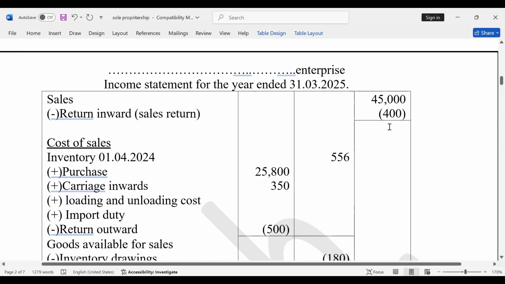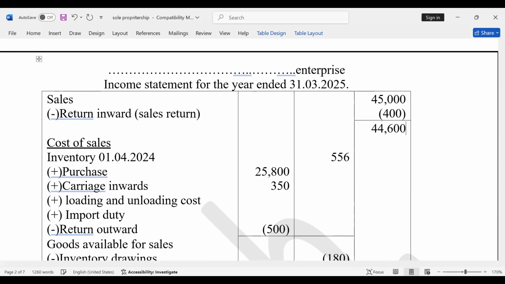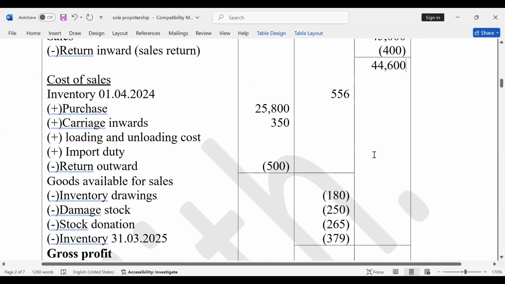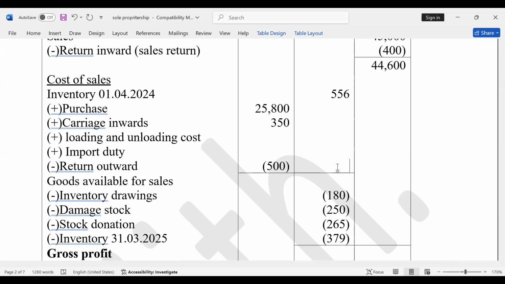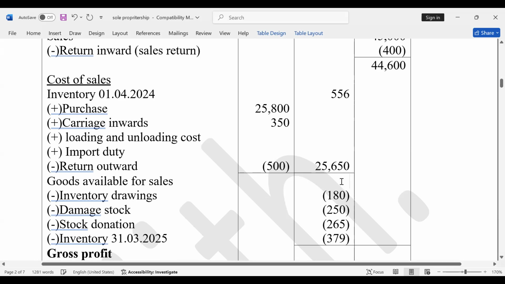Sales minus sales return. Then think how to calculate cost of sales also. Then purchase plus carriage inwards minus purchase return value should be recorded in the second column. Take the total value. Then opening stock plus purchase.